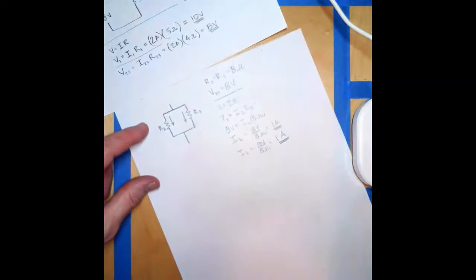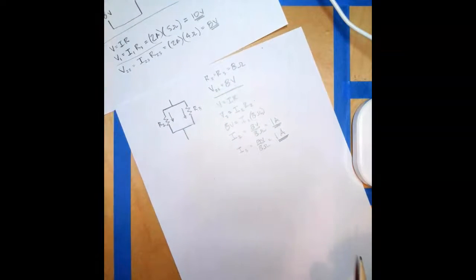So there's your calculation for voltage drop for both a parallel and a series circuit, and different ways that you can calculate it. Remember that the voltage drop, maybe the term is not the best term. I certainly would concede that point.